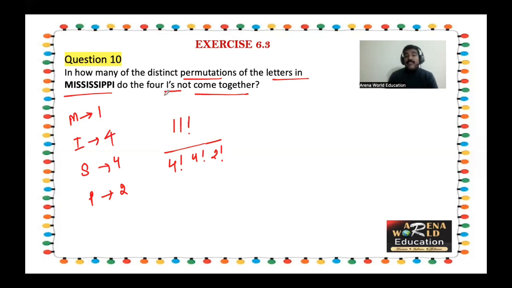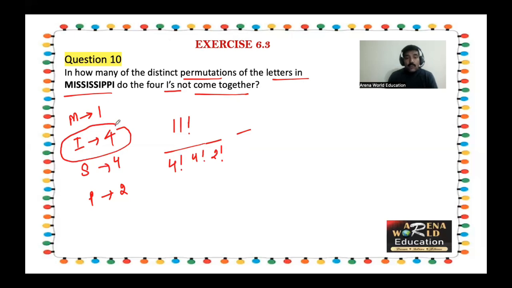So in this way, this will be the total. Suppose this condition is not given, 4 I's not coming together, and simply we have to find the total number of possible words. So then we subtract the case where all I's are together, right? So look at this one. How many I's are there? 4 I's are there. It means the remaining 7 letters are there. So 7 plus 4, 11.